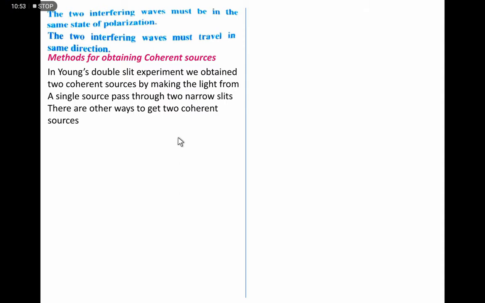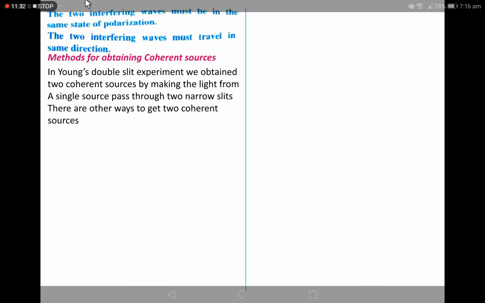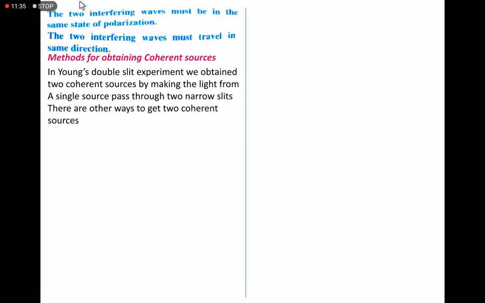Light from a single source, a pinhole, is allowed to fall on the cardboard having two different pinholes, and the light waves from these two pinholes are considered as two different sources from the single source of light. The light waves from these sources will definitely be in the same phase or have a constant phase difference, hence they are coherent sources.